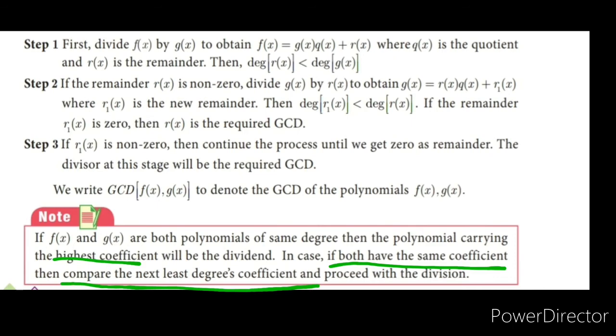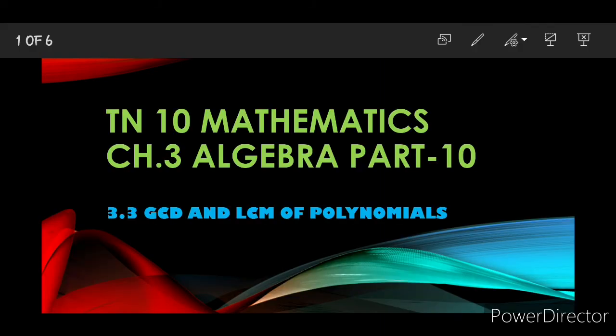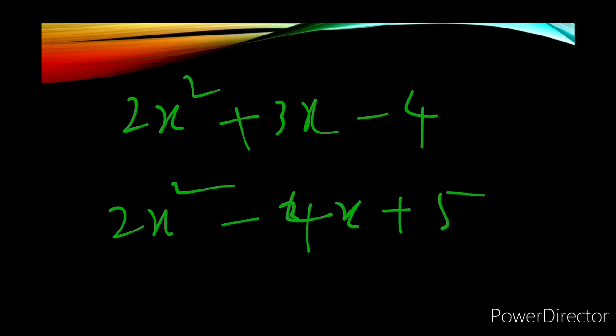That is, if the same degree and the same coefficients are given in the polynomials, we have to see the next least degree coefficient. For example, I take two polynomials, 2x square plus 3x minus 4, then 2x square minus 4x plus 5.